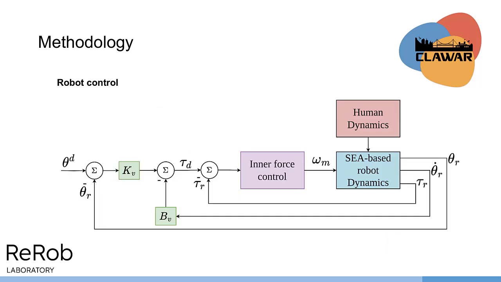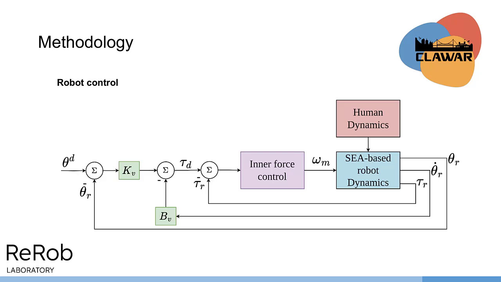The impedance control law was the approach employed, where theta d represented the desired position and theta represented the current position. K and B were the parameters representing the spring constant and virtual damping coefficient, respectively. The internal force control was responsible for computing the desired motor velocity, as configured by the EPOS controllers.